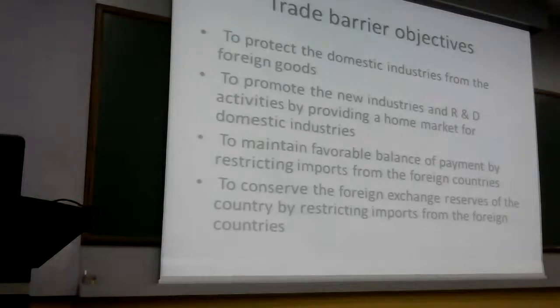Third, we discussed BOP, balance of payment. Finance people all know. BOP is export minus import, the balance between export and import. If any country starts importing more and more, that balance is going to be disturbed.